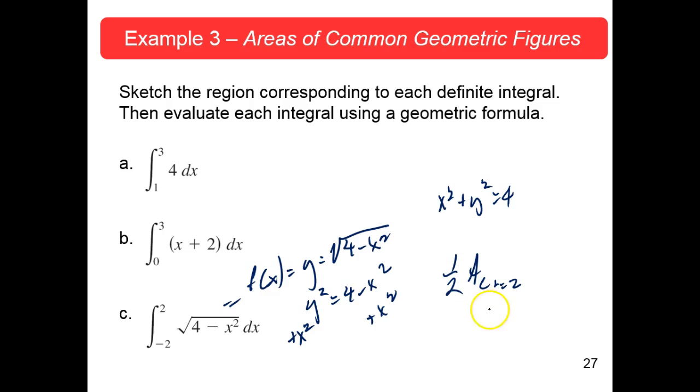And what is the area of a circle of radius 2? Pi r squared. So it's 1/2 pi r squared, where r is 2. So that would be 1/2 4 pi. That would be 2 pi.